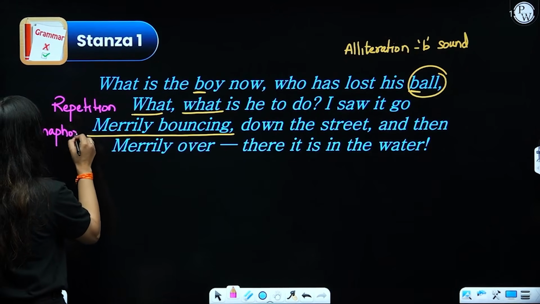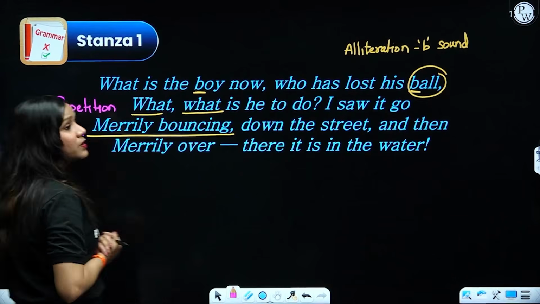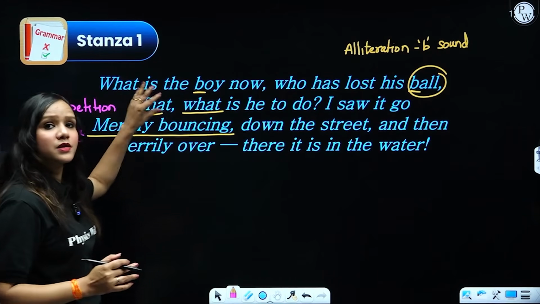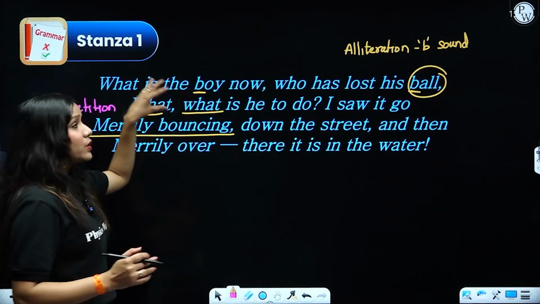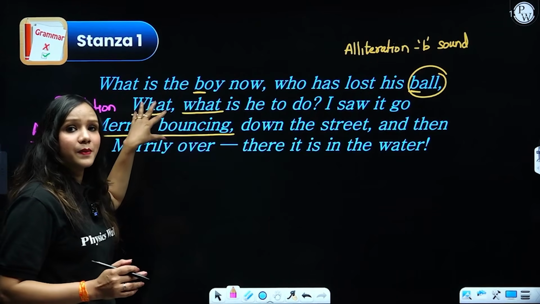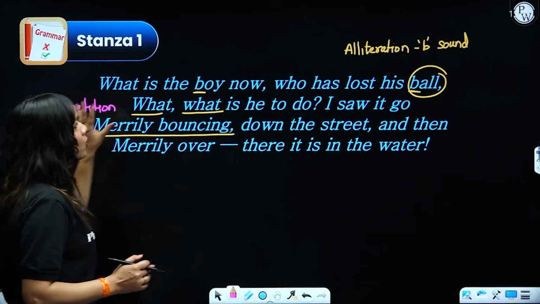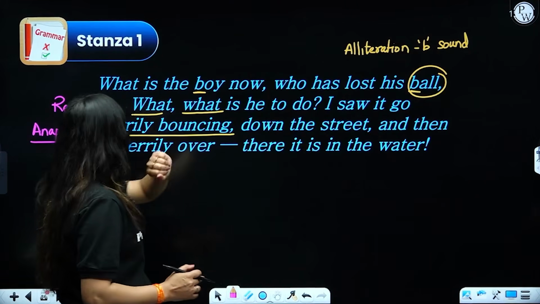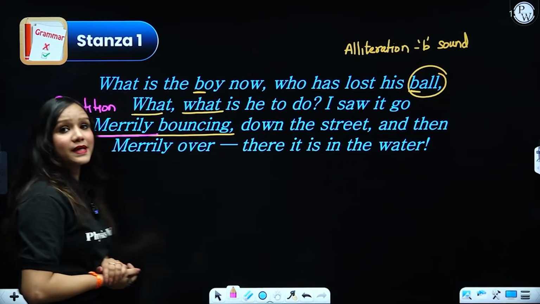When you see the repetition of a certain word at the beginning of a stanza, first of all, see that two words are getting repeated, so there is repetition. At the same time, in the beginning of the stanza, in these two consecutive lines, a word is repeated, so we call it anaphora. So who has lost his ball? What is he to do? I saw it go. Merrily bouncing, to indicate happiness.